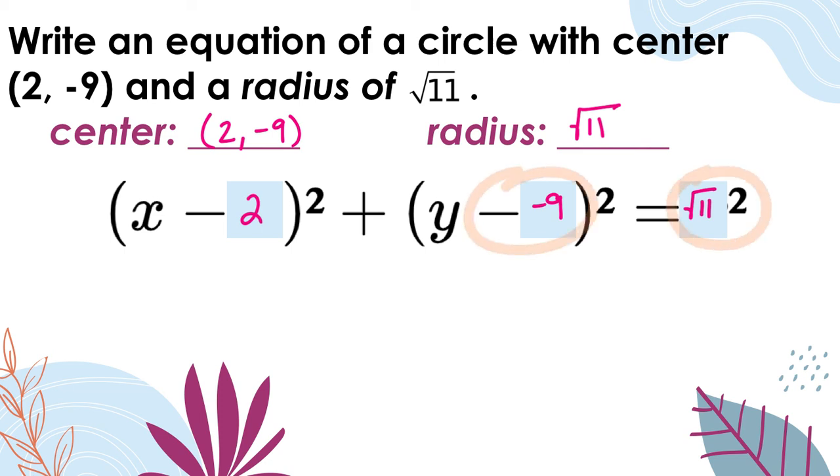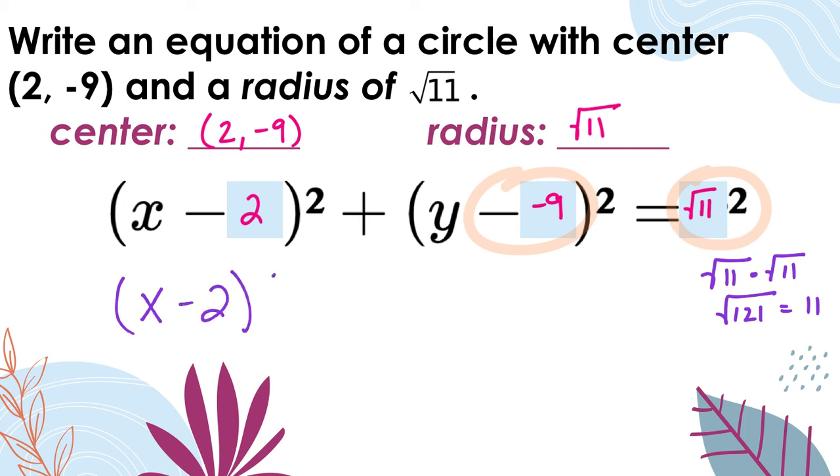The square root of 11 squared would be the square root of 11 times the square root of 11, which is the square root of 121, which just gives us 11. If you were to put that in your calculator, you should end up with the same answer. So the way I would write this equation would be (x - 2) squared plus (y + 9) squared equals 11.